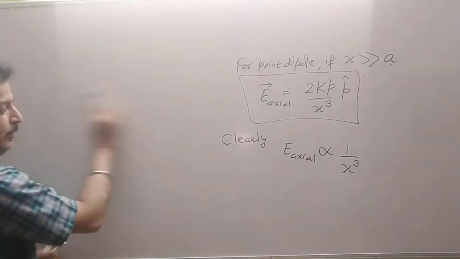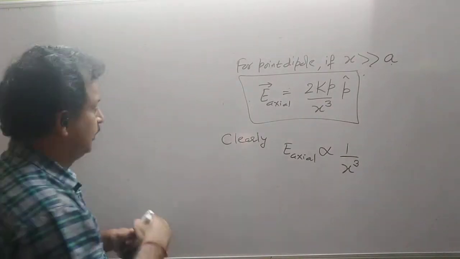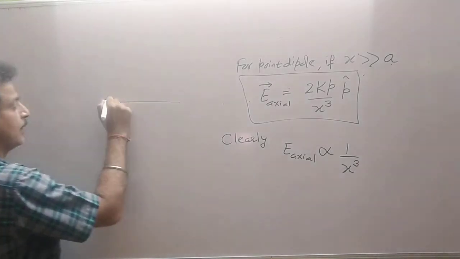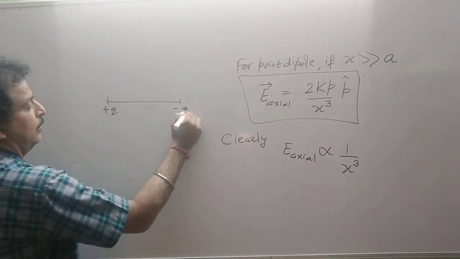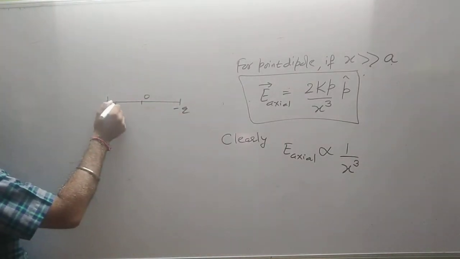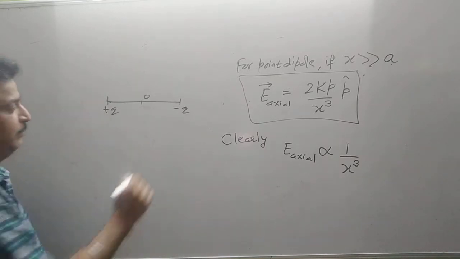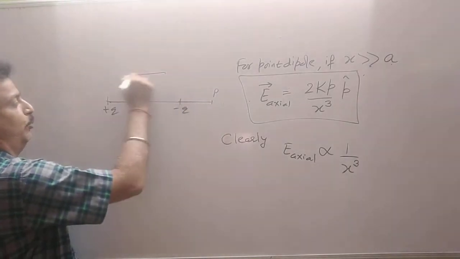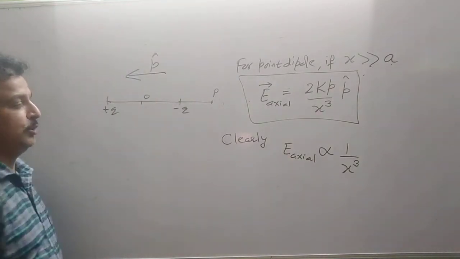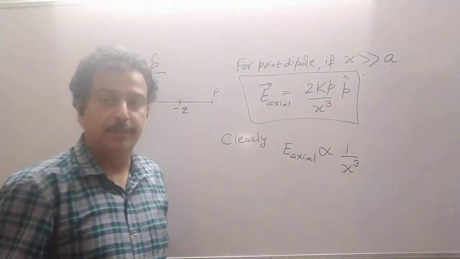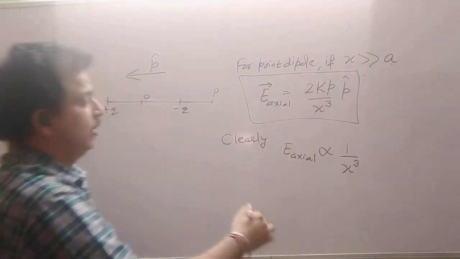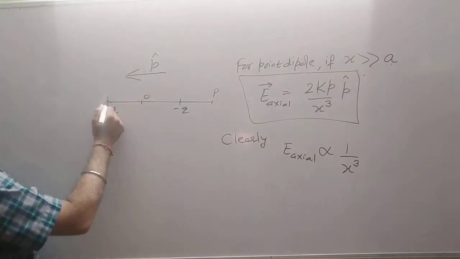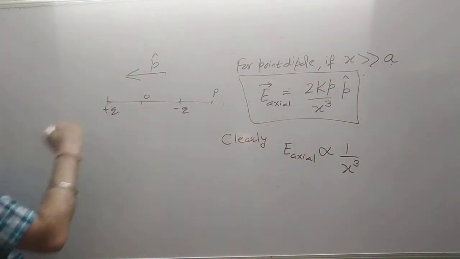Now here you have to remember, I have taken the point P outside plus Q. I may take a point P here also, if the dipole moment direction is from negative to positive. Now this topic is over. This derivation was derived by taking point P outside the plus Q charge.